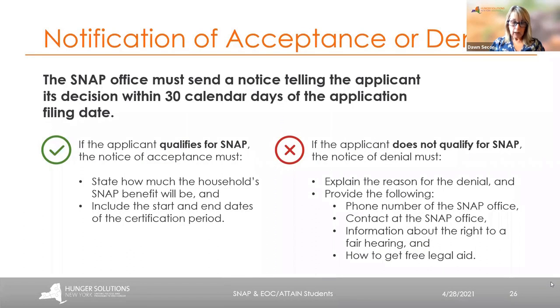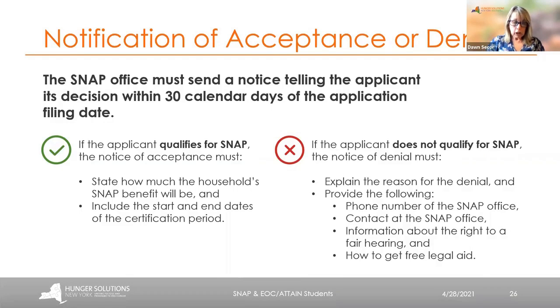If the applicant does not qualify for SNAP, the notice of denial must explain the reasons for the denial and provide some information for contacting the office about how to ask for a fair hearing if they don't think the determination was correct, and how to get free legal help for that fair hearing.